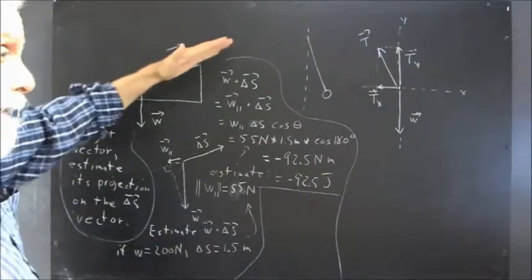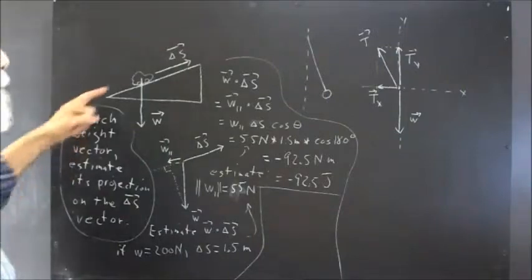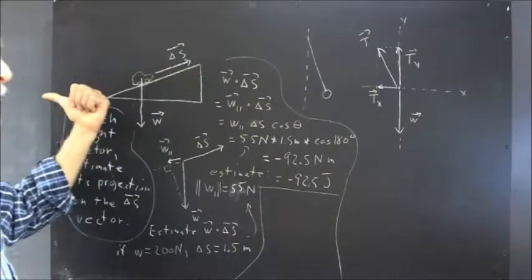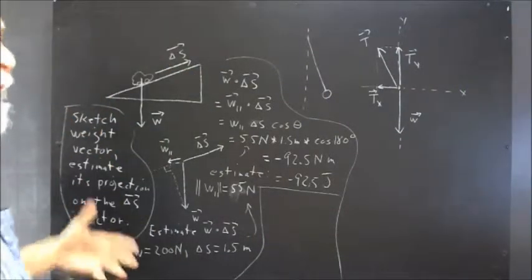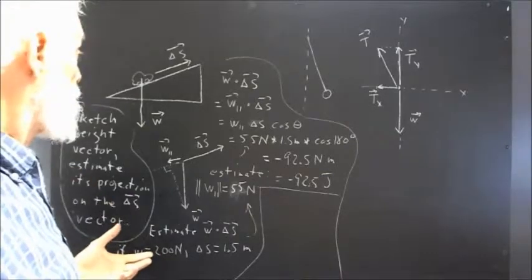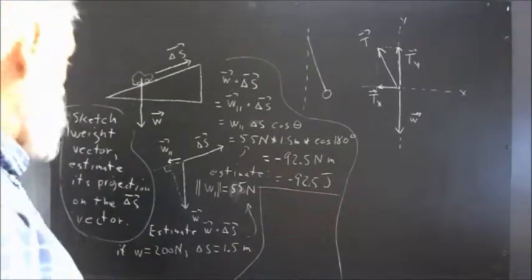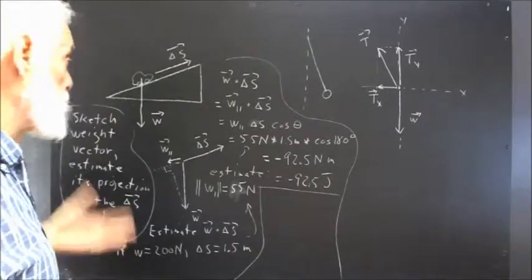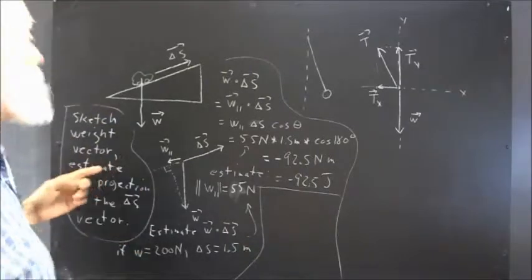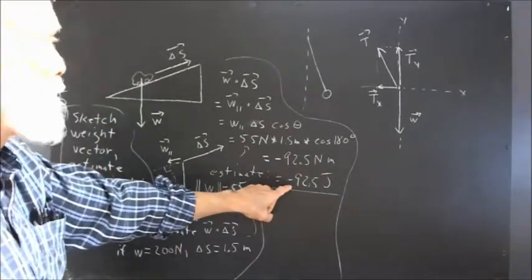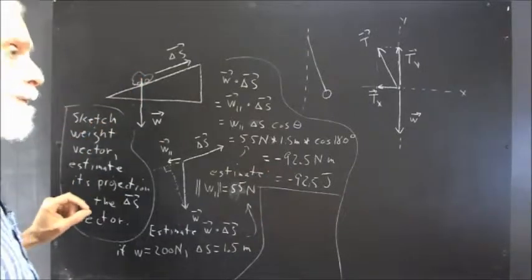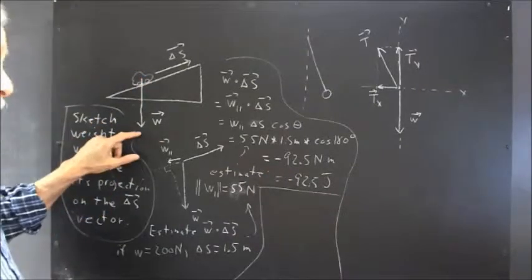So if we go up the incline, our displacement is up, our force is down, so the force and the displacement have opposite signs, and it follows that the force times the displacement has to be negative. Okay? Negative work is done on the car by the weight force.